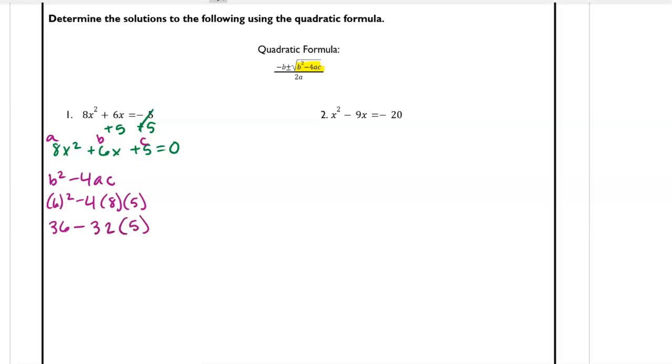And 32 times 5, well, 2 times 5 is 10. 3 times 5 is 15, so 160. So we're going to have 36 minus 160, which is going to give us negative 124. Because it's negative, how many solutions do we have and what kind?